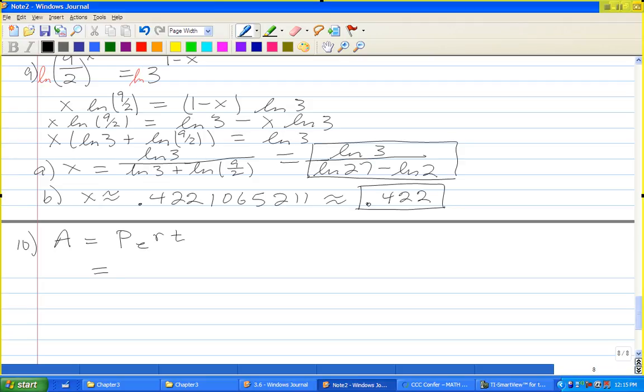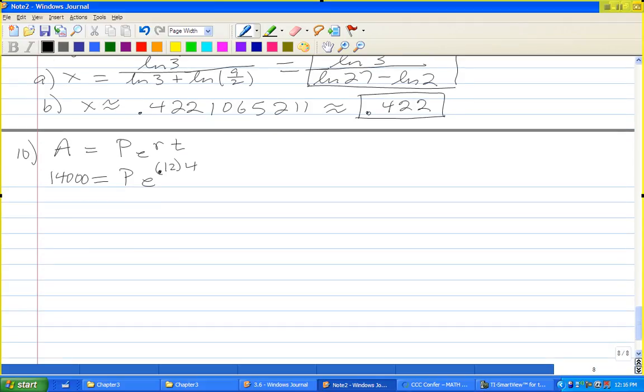So she requires $14,000 in 4 years, given 12% interest compounded continuously. So 14,000 equals P e to the 0.48. So P equals 14,000 times e to the negative 0.48.